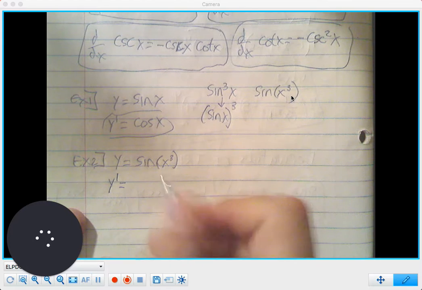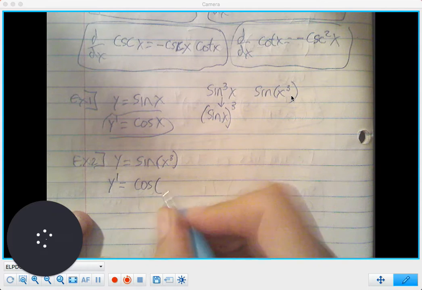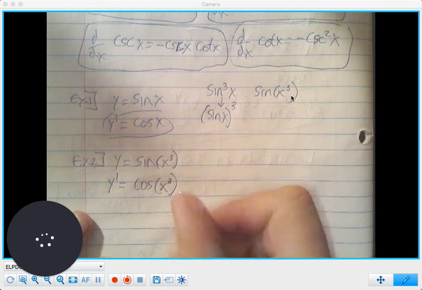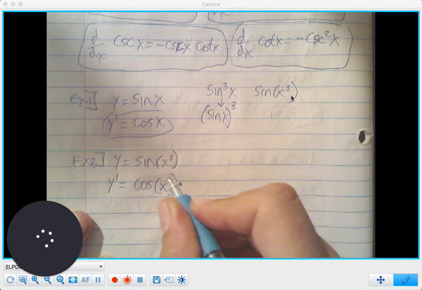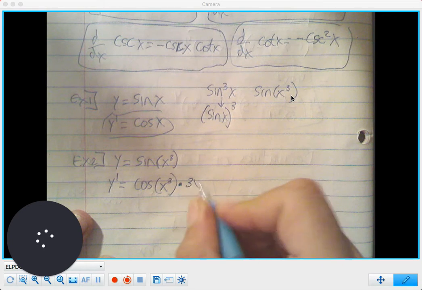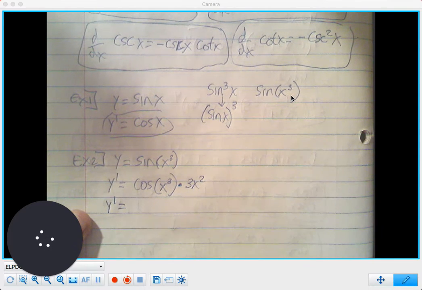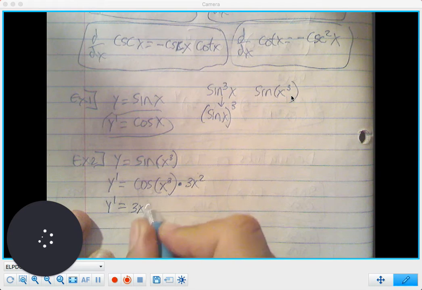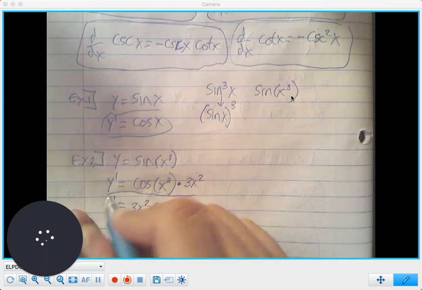In this case, the derivative of sine is cosine, and then you copy the same thing, which is x cubed. But after you copy this, you need to take the derivative of the inside. The derivative of x cubed is 3x squared. Just to look prettier, you bring this to the front. So 3x squared cosine x cubed is your derivative.